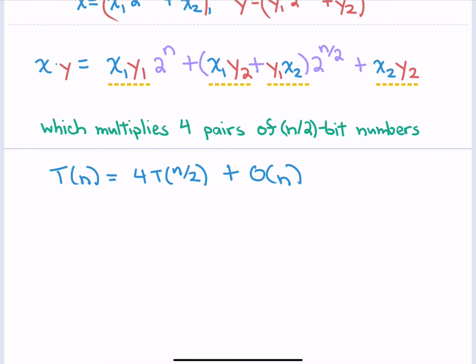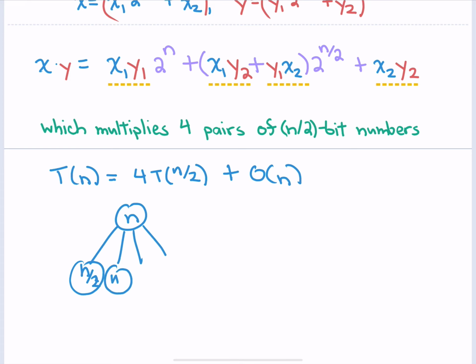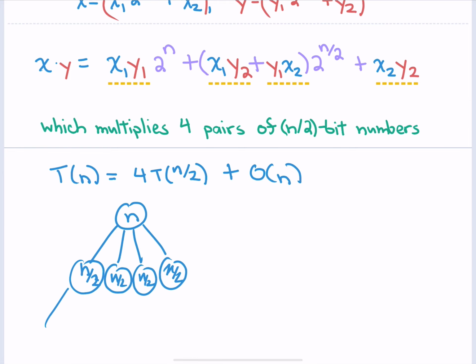Okay. So if we write out the recursion tree, I have 4 subproblems of size n over 2. I think even more, like that, right?